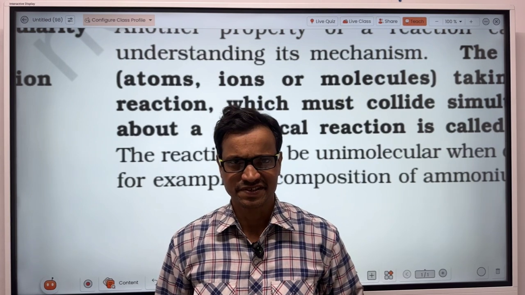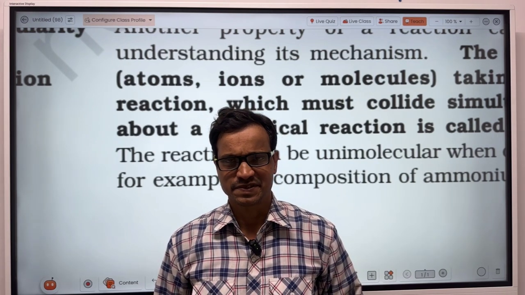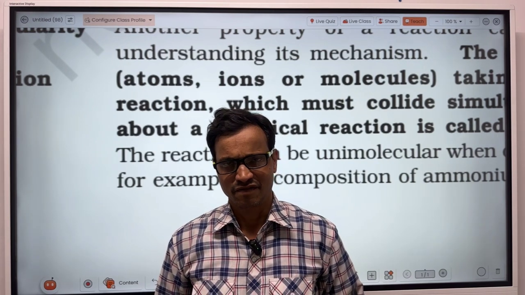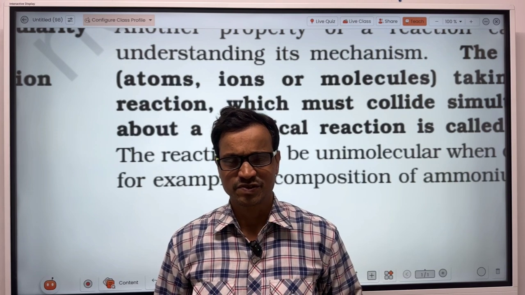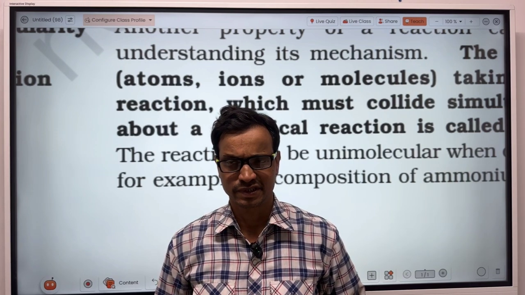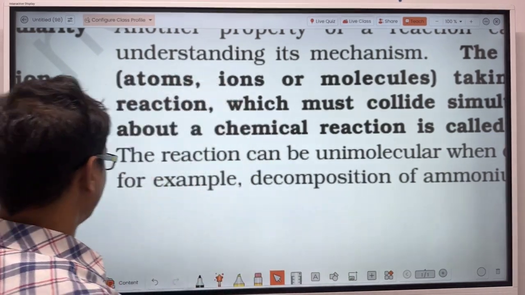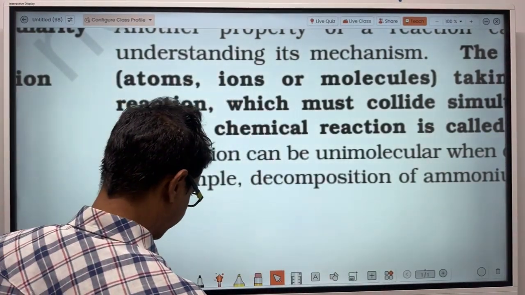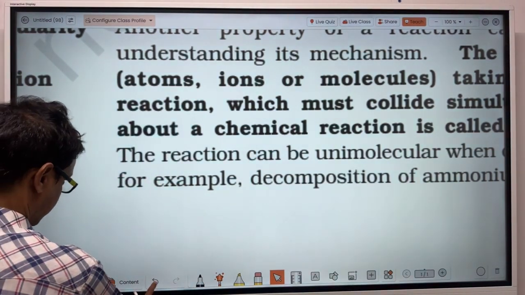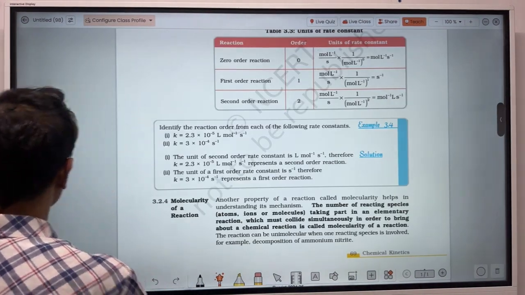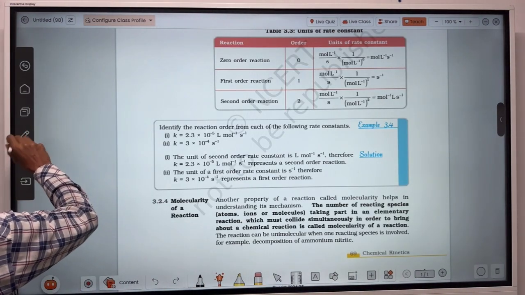Actually, a reaction takes place when the reacting species collide, and there will be cleavage of bonds and formation of new bonds. Firstly, let's see the molecularity of reaction.